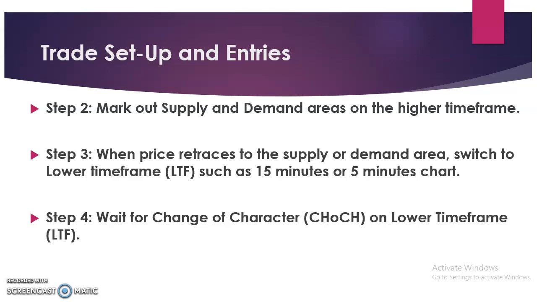Now, let's say for example you have a demand area. When price is coming back into that demand area, it's going to be making a series of lower highs and lower lows, because it's descending into that particular area.